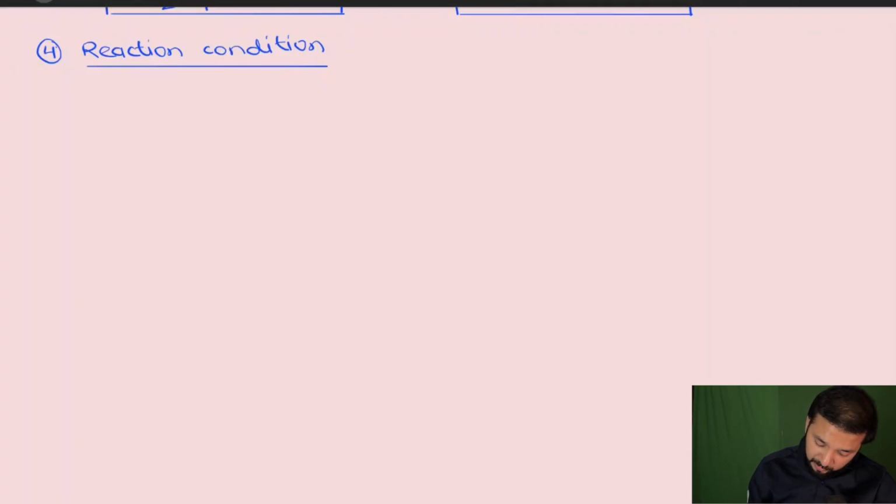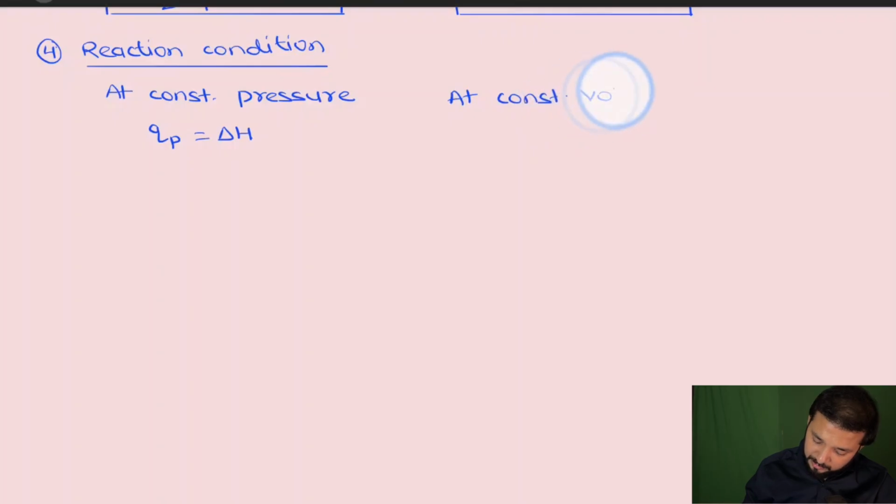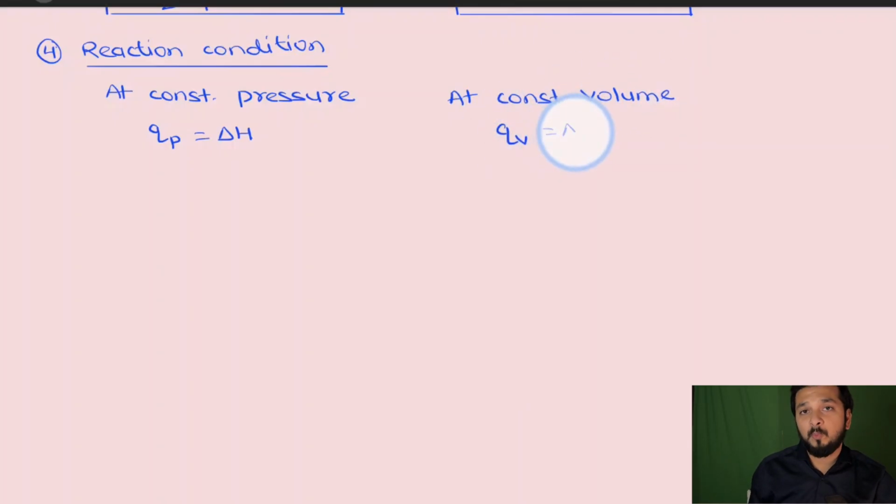So we know at constant pressure condition, the heat which is exchanged is equal to delta H, and at constant volume condition, the heat which is exchanged is represented as delta U. Now, how are they related to each other for any particular chemical reaction?